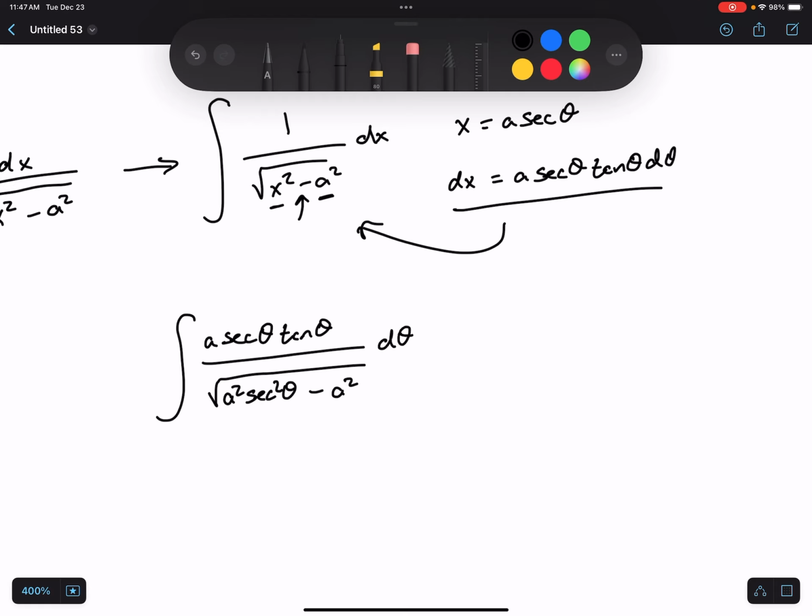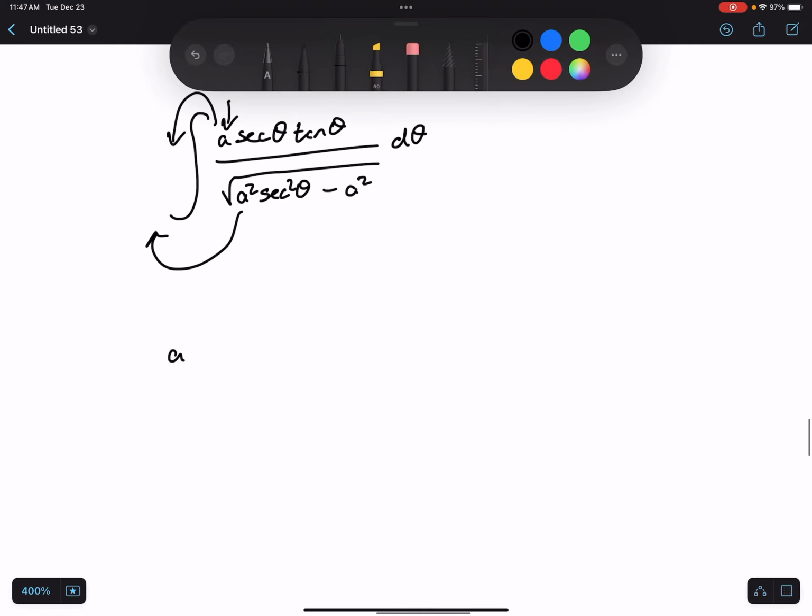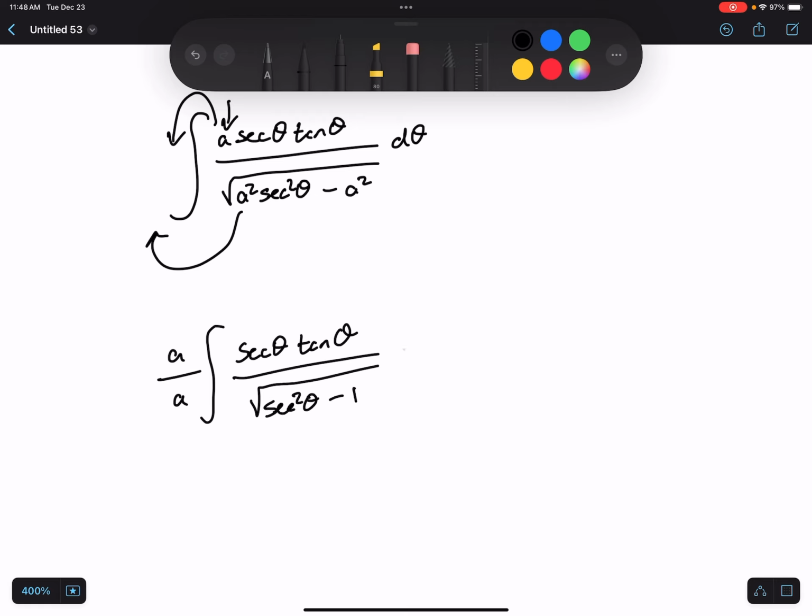Now we need to recognize that a just represents a constant, and we can perform a constant purge where we move our constants out to the front. And so simplifying, what we have is a over, here we have a squared under a radical, so we can pull that out front as a squared square rooted, which is simply a, times the integral of secant theta tangent theta over the square root of secant squared theta minus 1 d theta.